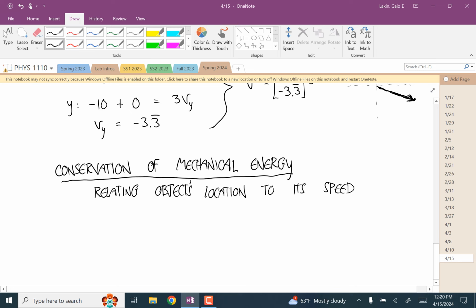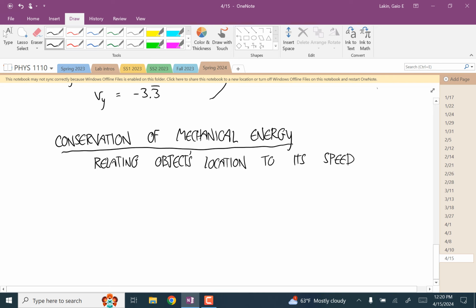Okay? If it doesn't help you to relate an object's location to its speed, then conservation of mechanical energy can't help you. I'm going to give you the punchline first so you know what we're working towards. The equation itself is pretty simple, but then I'm going to go back and define some things, and it'll take a little while. But here's where we're going to end up.